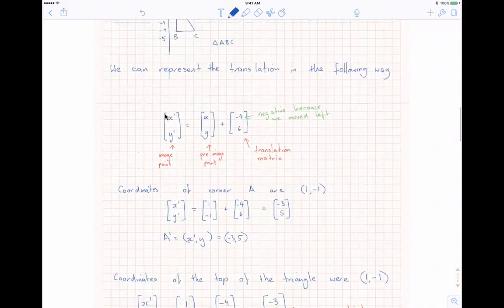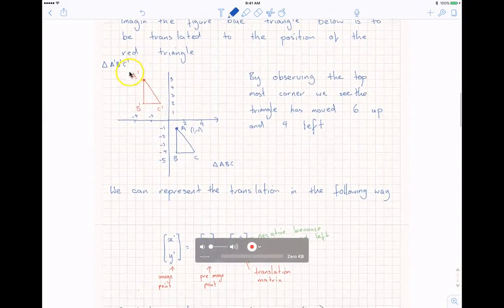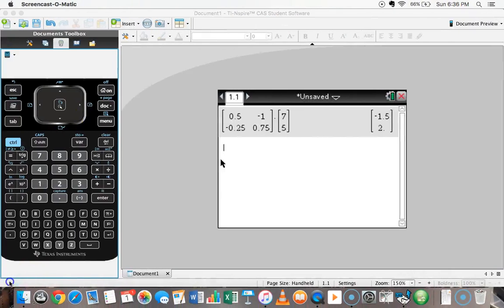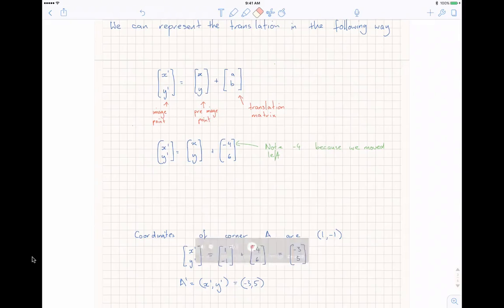And if we check, we can see that it is minus 3, 5. Sorry, I just rewrote that to make it clearer. So put this piece in your summary book: an image point can be found by adding a translation matrix to the original point.